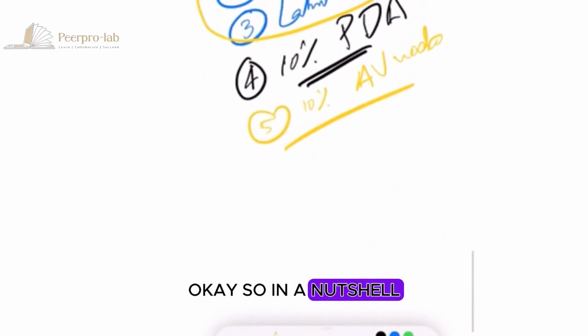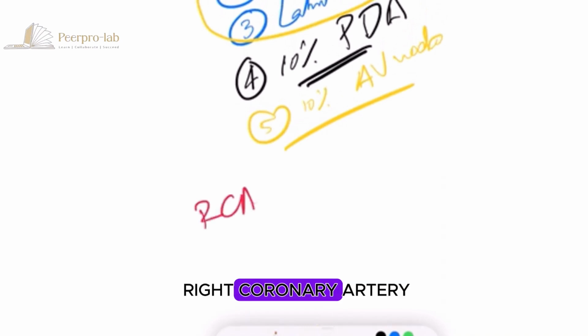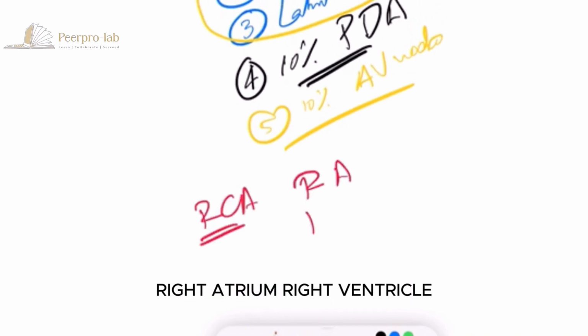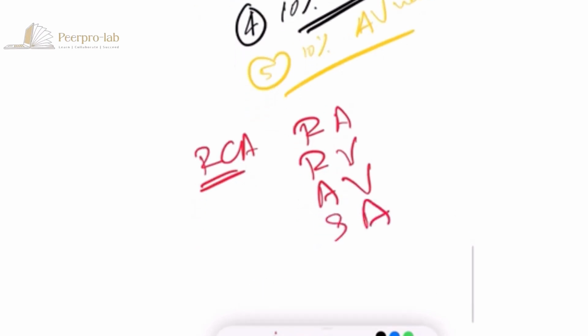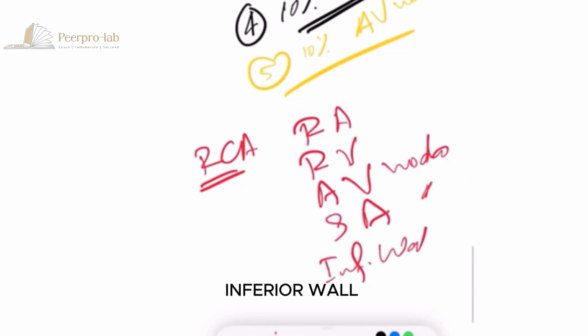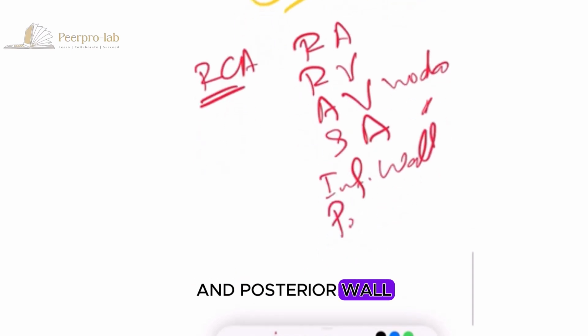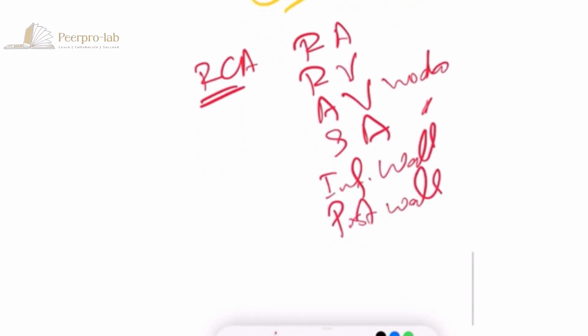Okay, so in a nutshell, here I will summarize: right coronary artery, right atrium, right ventricle, AV node, SA node, inferior wall, and posterior wall. That's finished.